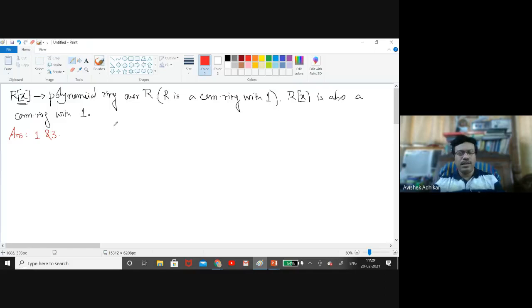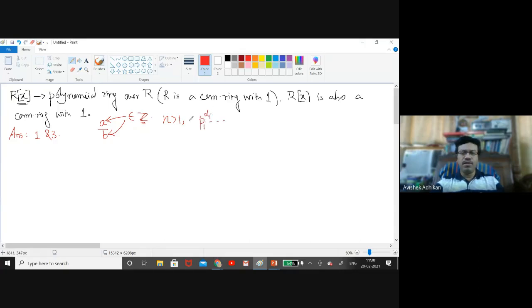For that, what is a rational number? A rational number must be of the form a by b, where a, b are integers and b is not equal to 0. And of course, for unique representation, a and b must be relatively prime. That's the definition of a rational number. Both a and b are from Z. And we know the building block for Z: from the fundamental theorem of arithmetic, any integer greater than 1 can be expressed uniquely as a product of primes.